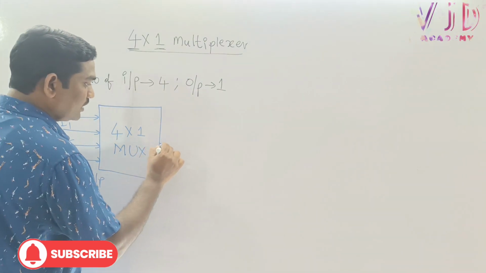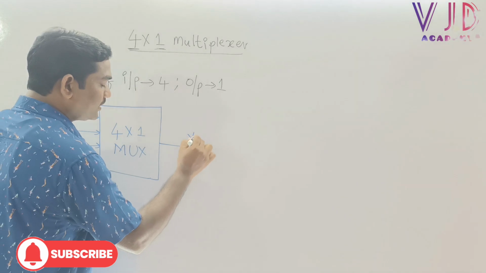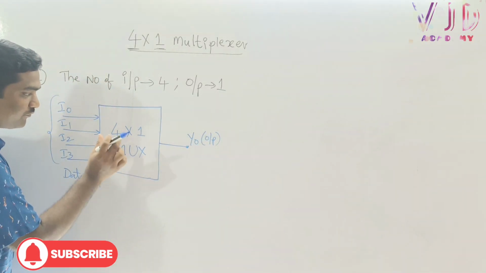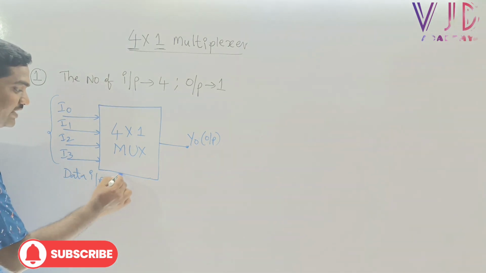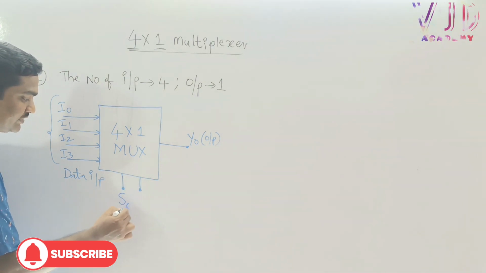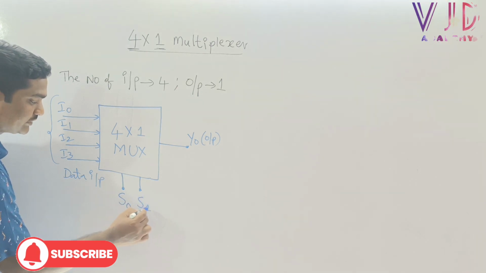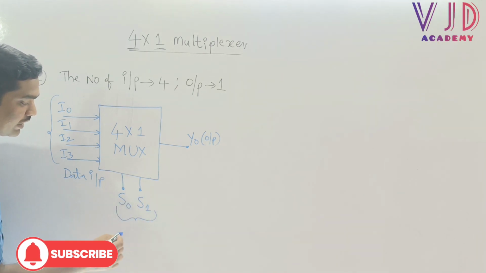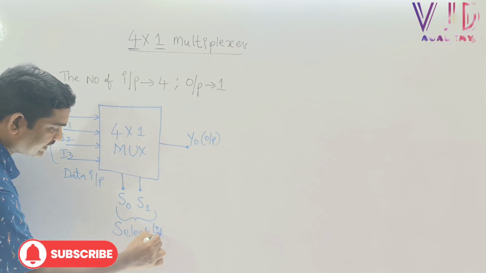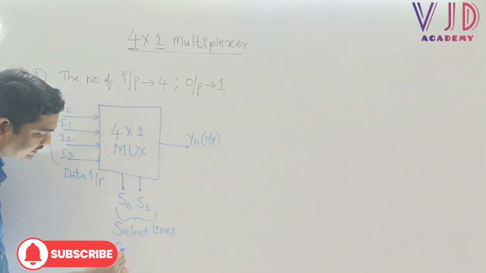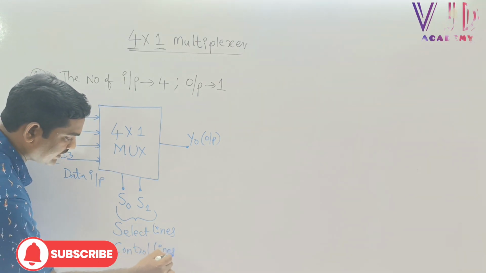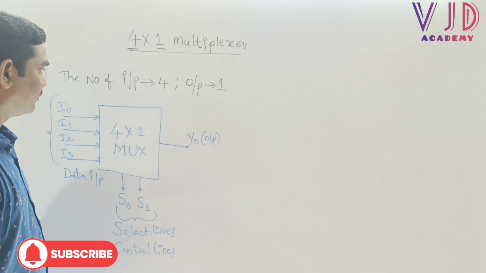And the only one output is Y0. To operate the 4-in-1 multiplexer, we need two select lines, which are S0 and S1. These two are called select lines. Select lines are also called control lines.